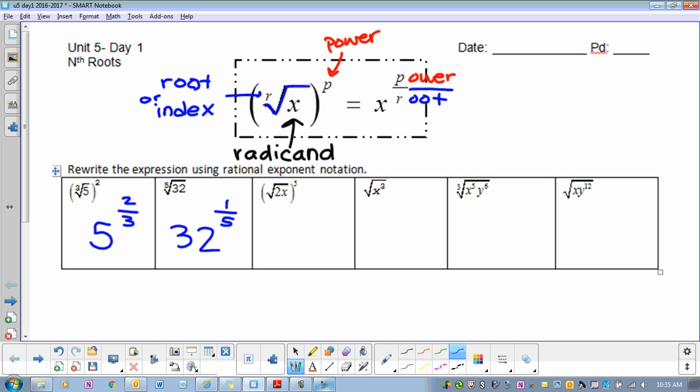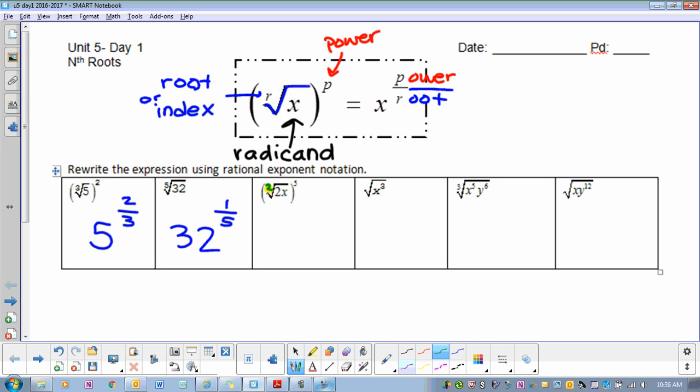Now, the next one. Guys, do you see a number written there for the root? It means it's 2. Why? Good. It's the square root. If there is no number written there for that root, then this is 2. Always. Because that's the square root.